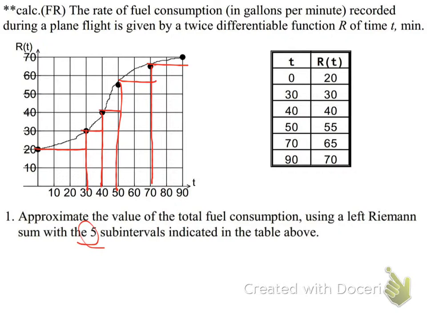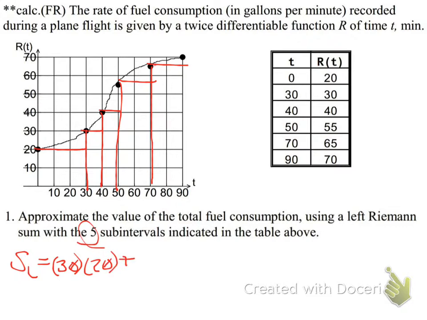So in this case, these subintervals, starting with a left Riemann sum, the first rectangle has a change of x of 30 and a height of 20. That's how you find the area of a rectangle, right? Length times width.